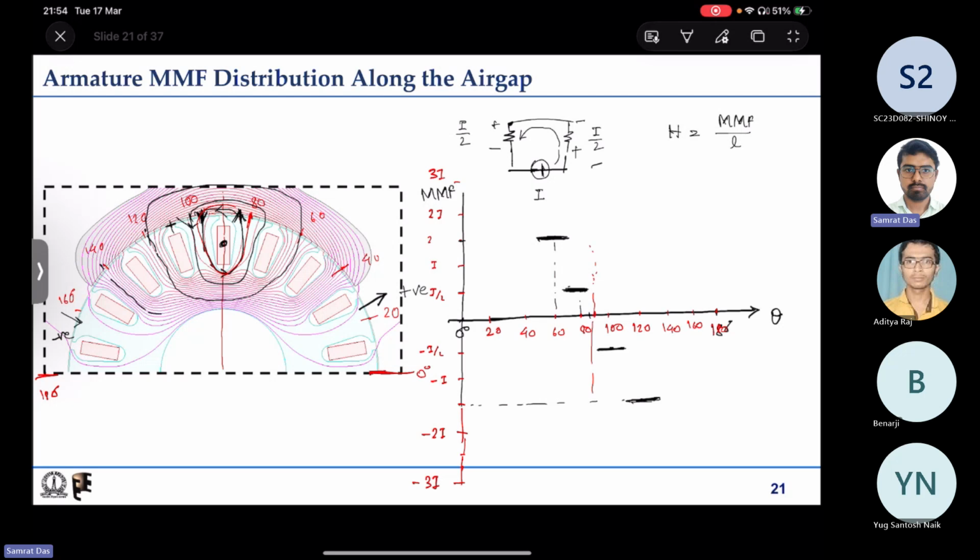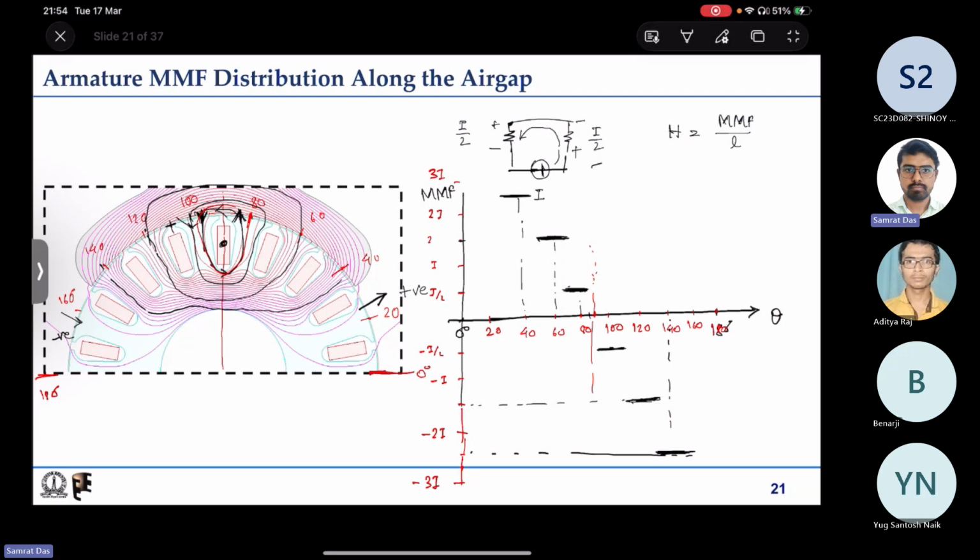If I go to the third case, it will be 1, 2, 3, 4, 5. So 2.5 here at 40 degree, and again 2.5 at 140 degree.